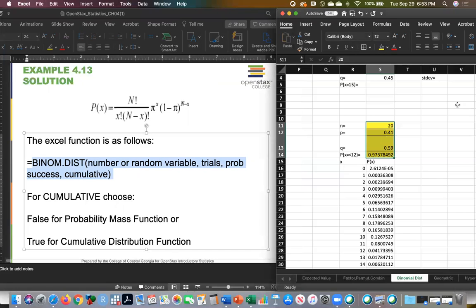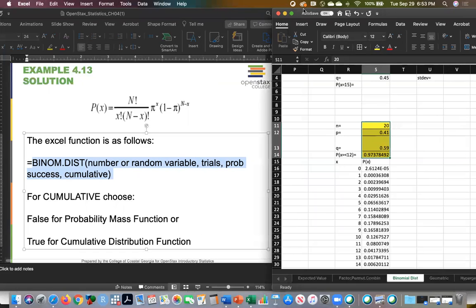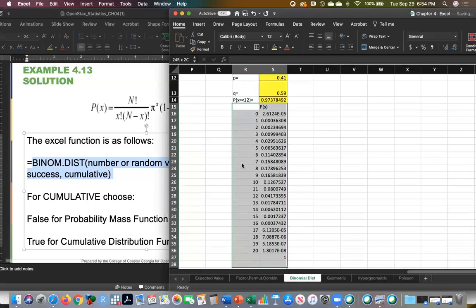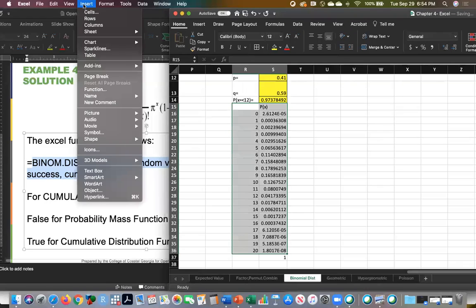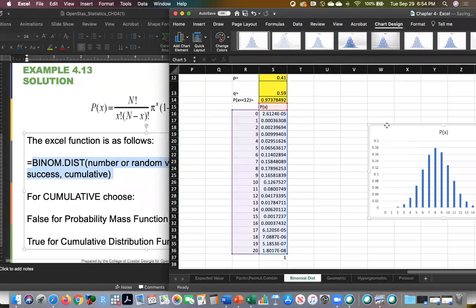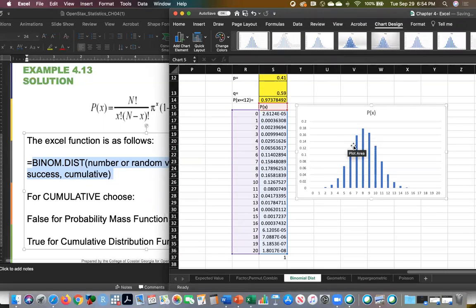In this case, as I said before, we can also graph this distribution. Insert a column chart. It is going to be something like this.